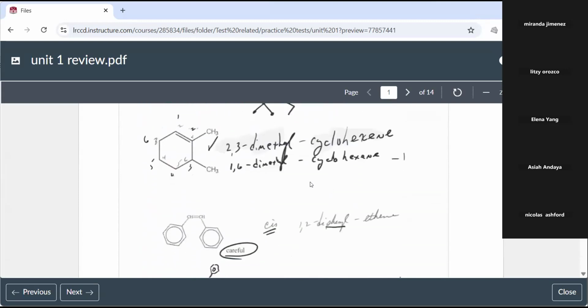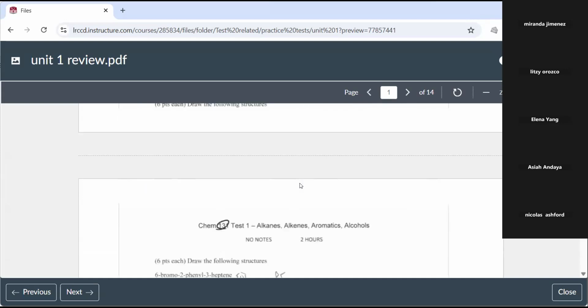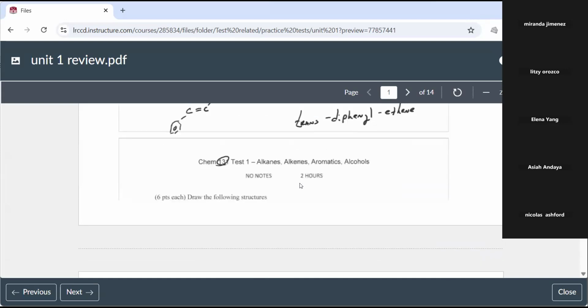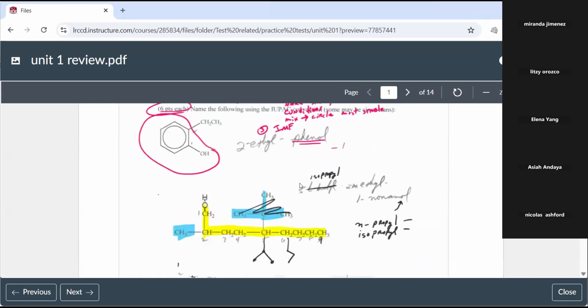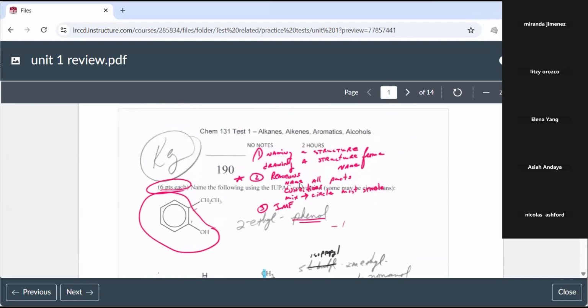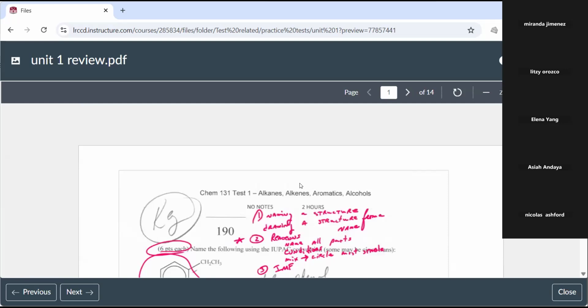See, this review is different. Did you print this out? No, I didn't print that review out.